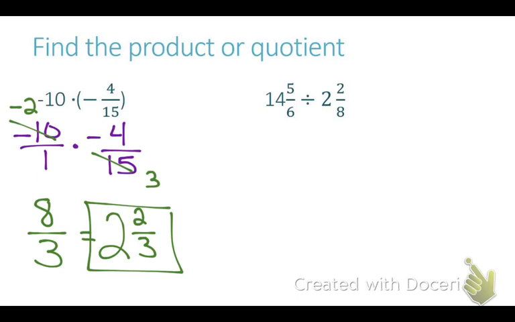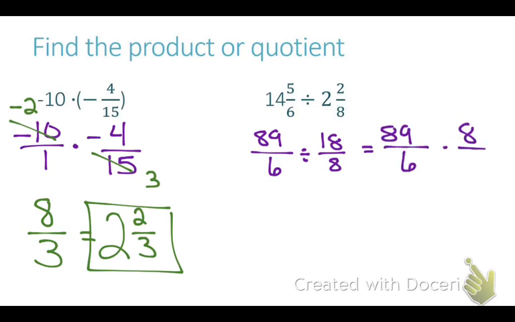All right, now division. What do I do first? Change it to improper, and then after it's improper, then what do I do? KFC. Keep the first, flip the second, and change the operation.